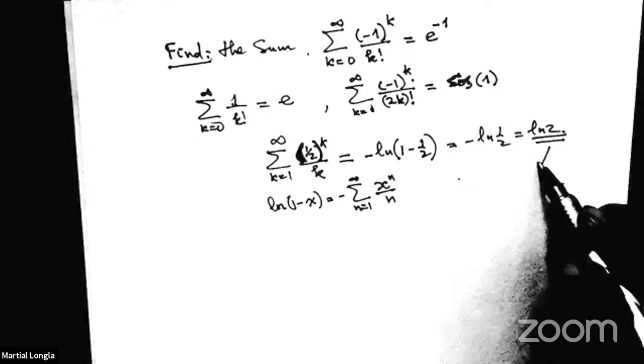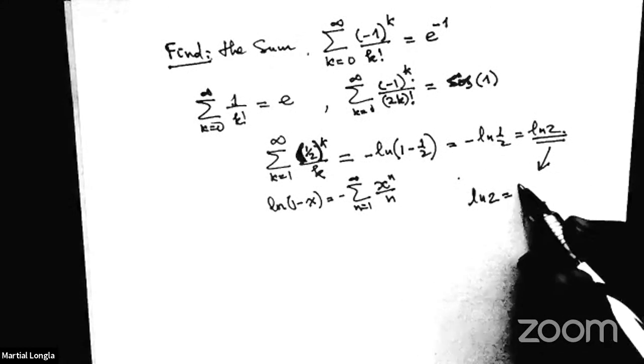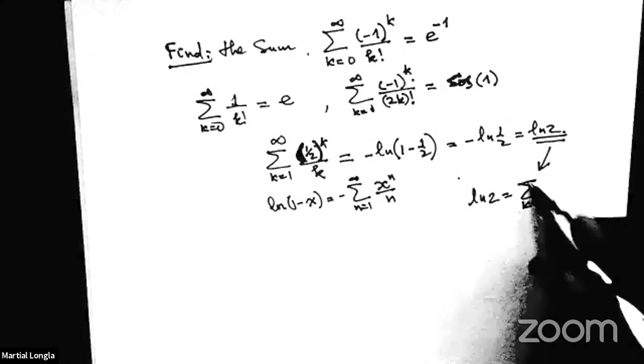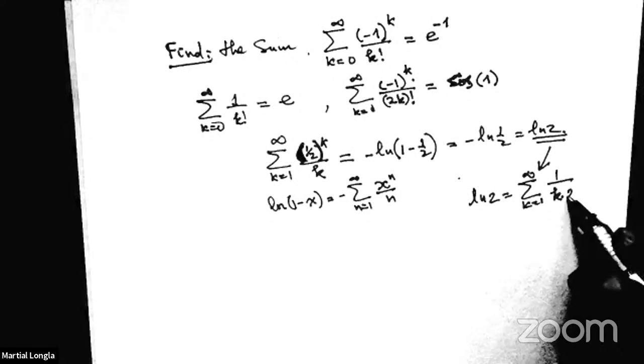Which also in some ways means that actually natural log of 2 is nothing but the sum k from 1 to infinity, 1 over k times 2 to the power k.